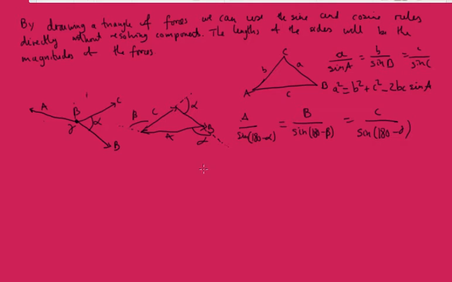And since sine theta equals sine of 180 minus theta, this leads to the following: A over sine alpha equals B over sine beta equals C over sine gamma. And this gives us Lami's theorem.